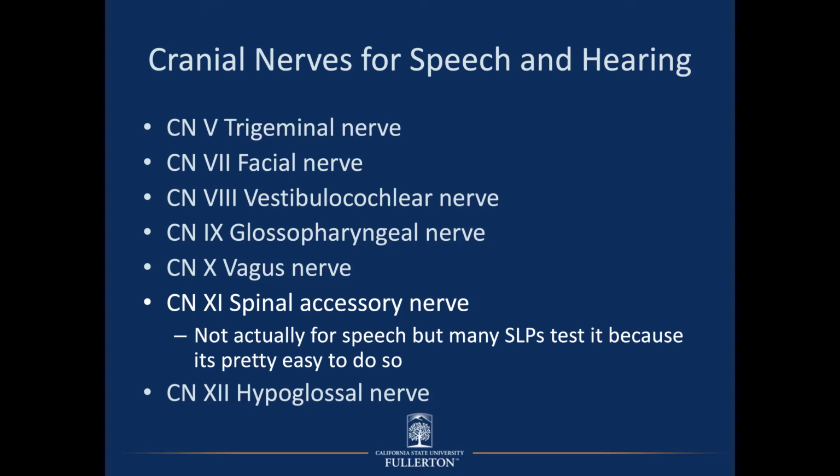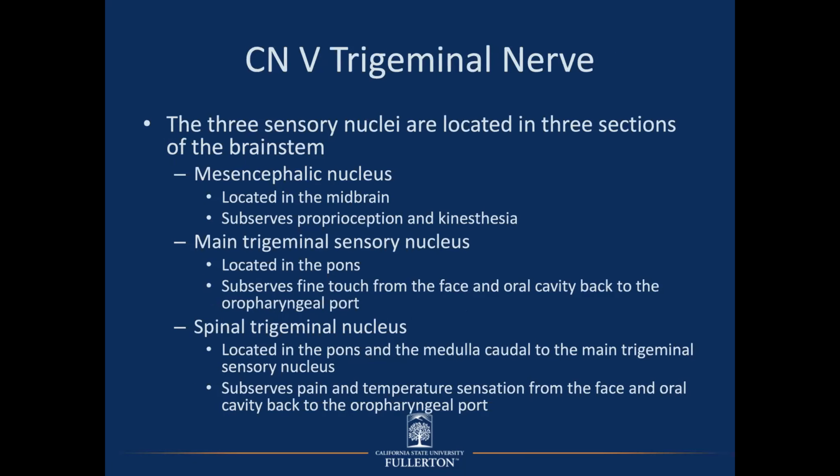We're not going to deal any more with it, except to remind you that, of course, you need to screen for it as an SLP. The glossopharyngeal nerve, number 9, the vagus nerve, spinal accessory, it's easy to test, but it doesn't actually do speech. And number 12, the hypoglossal. You certainly do need the tongue for typical speaking.